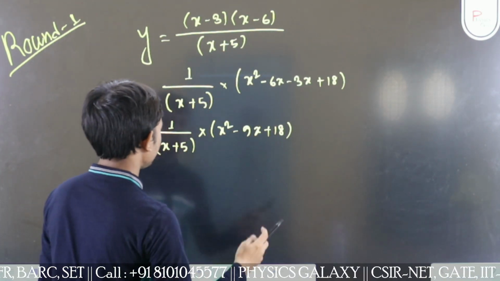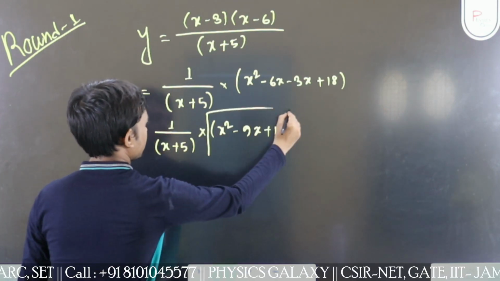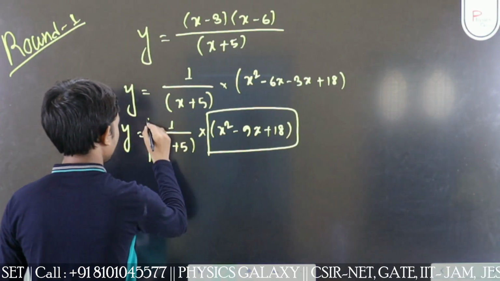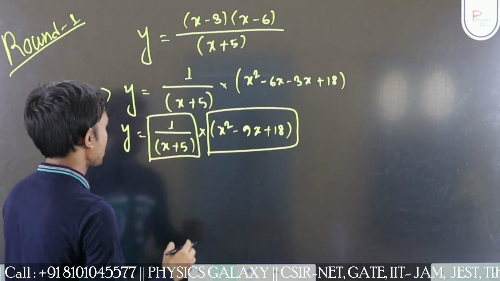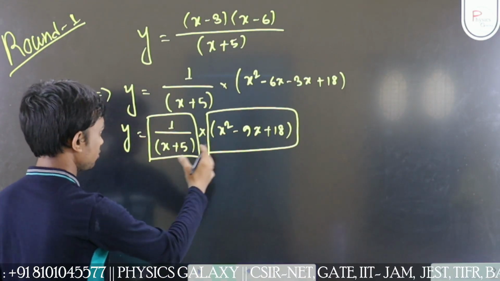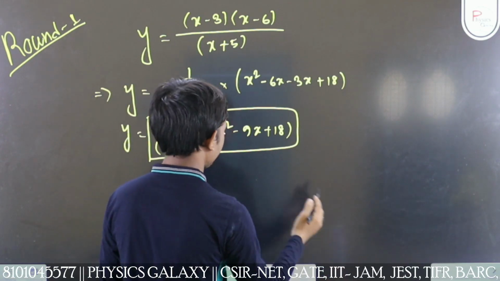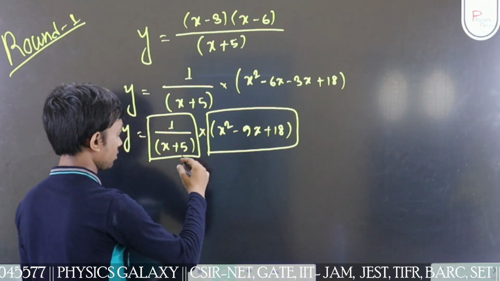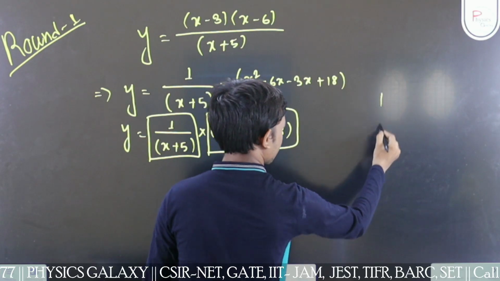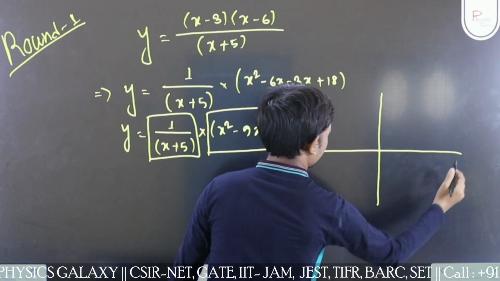I considered this as one function and this as another function, and y is the multiplication of these two functions. I separately plotted these two graphs in the same plane.